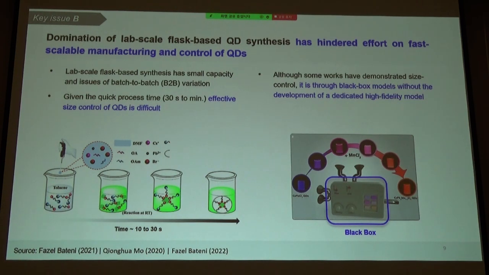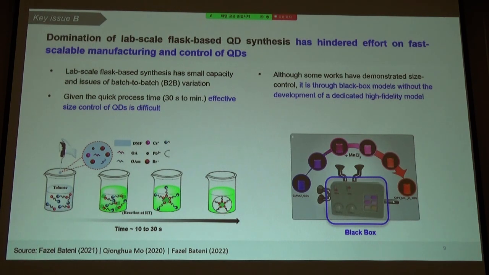So as you can see, from the standpoint of process engineers, it's very small scale, quite far from mass production. Because of that, there will be batch-to-batch variations, which have to be modeled, but it's not easy to model using a deterministic approach.